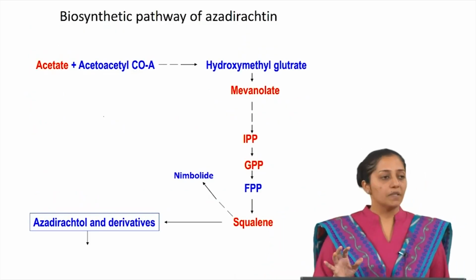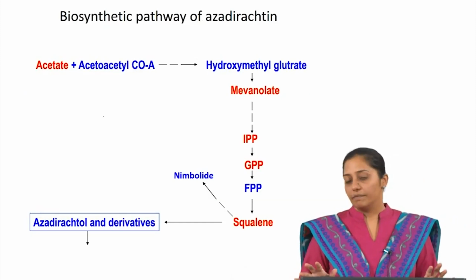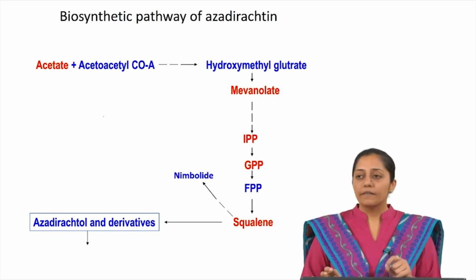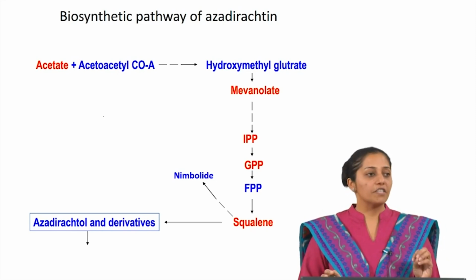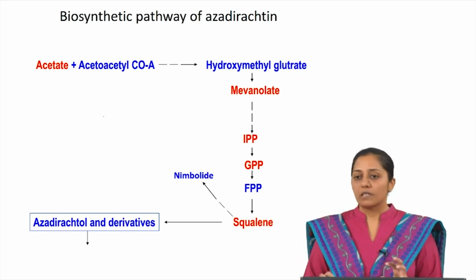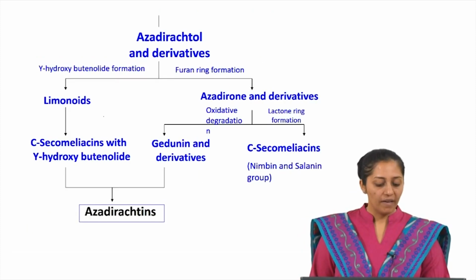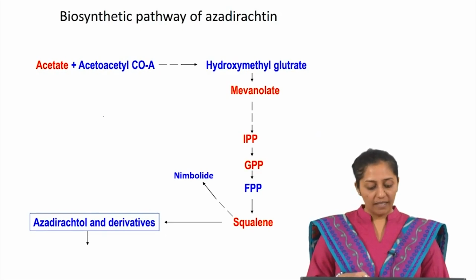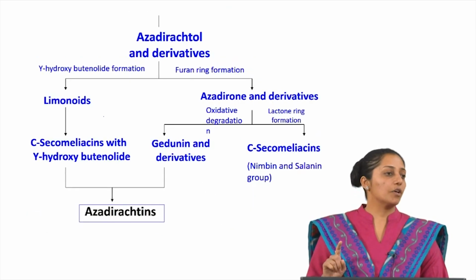Now, as an example, this is the mevalonate pathway through which azadirachtin is produced. The red ones are, in literature, some of the intermediates which have been added exogenously to enhance the production of azadirachtin. This is a part of the biosynthetic pathway which finally leads to azadirachtin at the bottom.